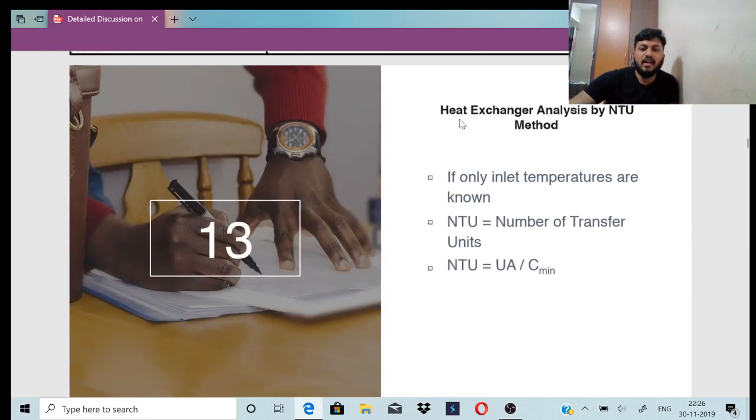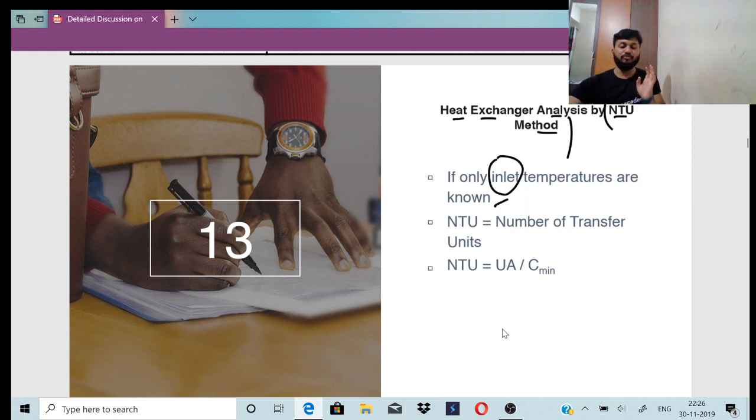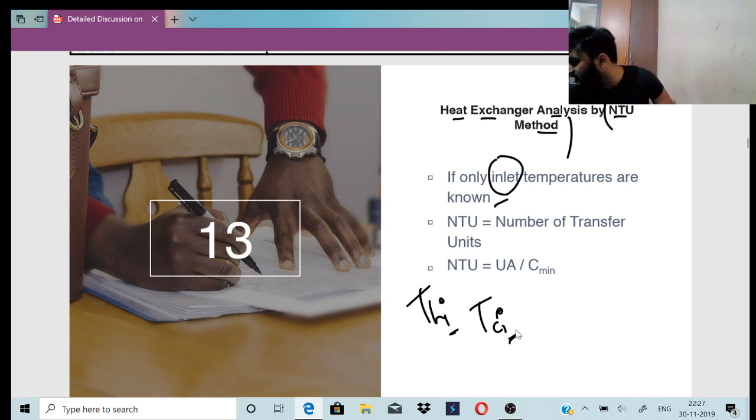Okay. Now we will do the heat exchanger analysis by NTU method. So why are we doing this? If we know only the inlet temperatures, that is THI and TCI, we will be using something called the NTU method.